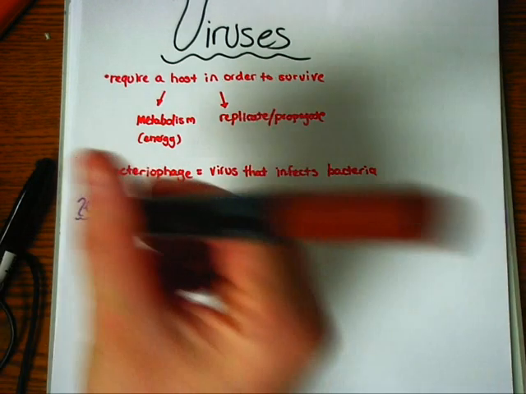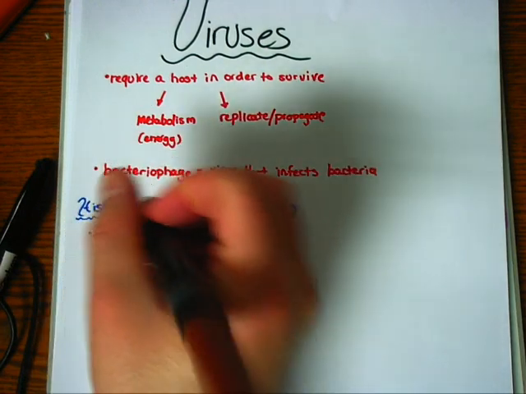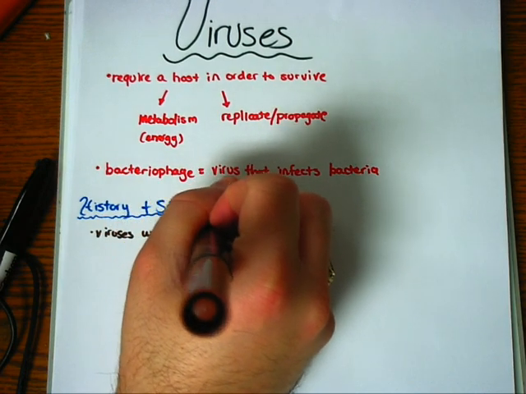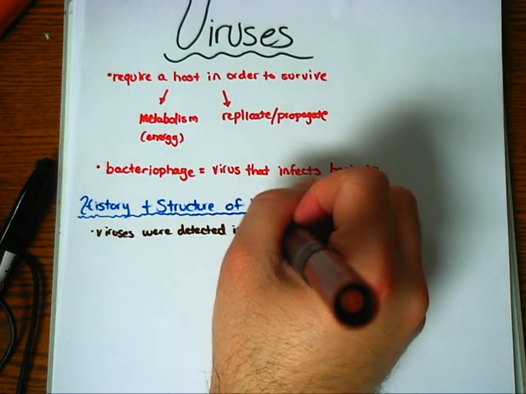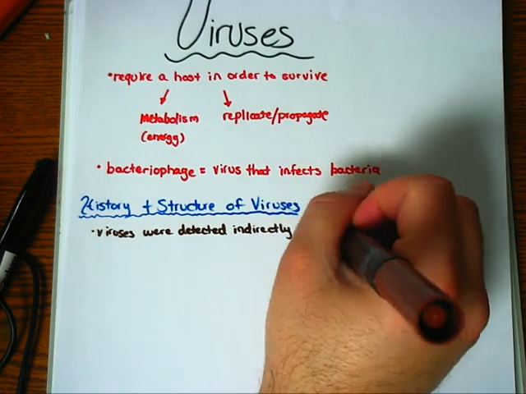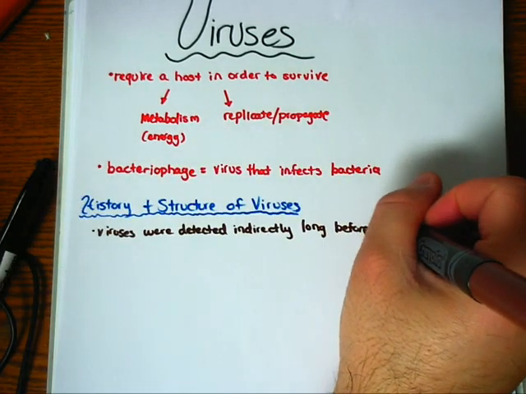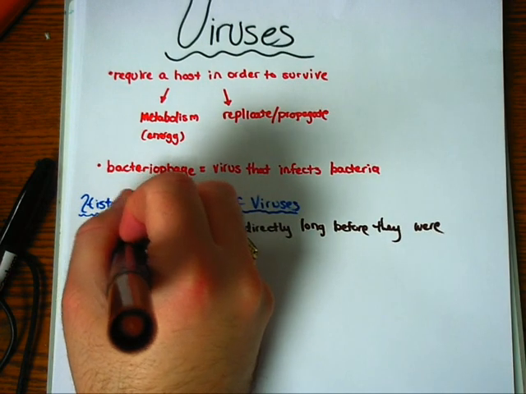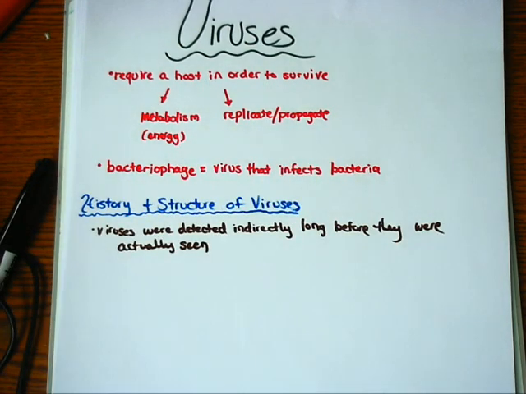So we could certainly say that viruses were detected indirectly long before they were actually seen. And your book goes into a little bit of the history of this.